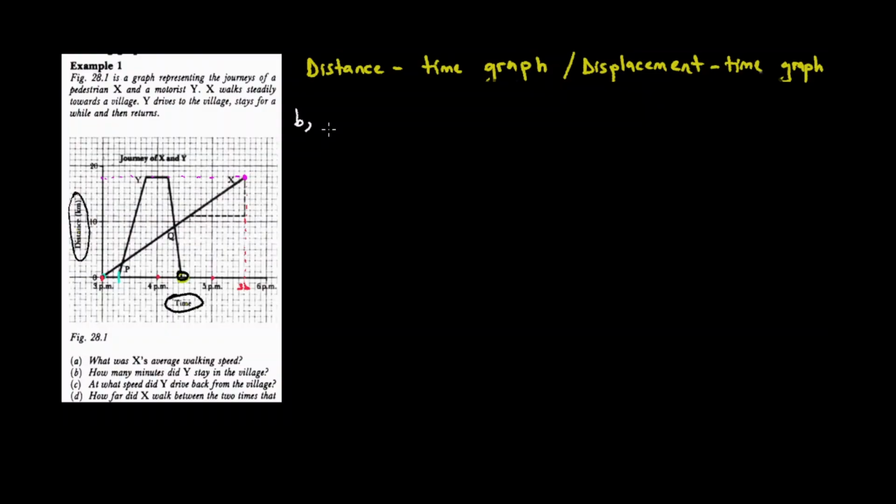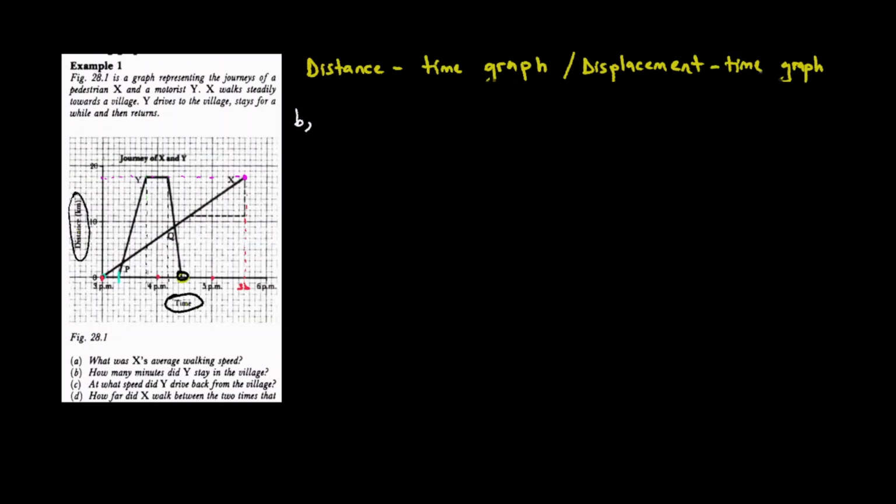We have interpreted it: staying in the village means resting, and resting is shown here. So I would advise that even in your graph you put small dotted lines, make them dotted like this.